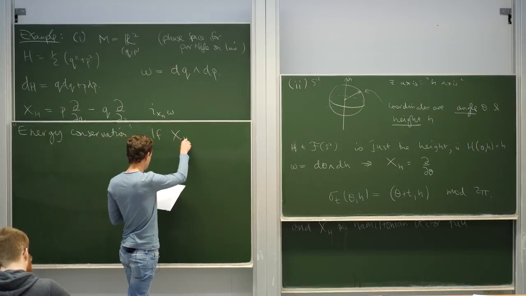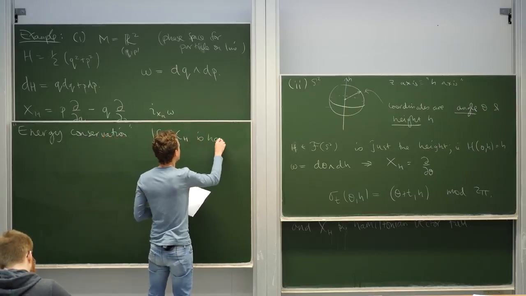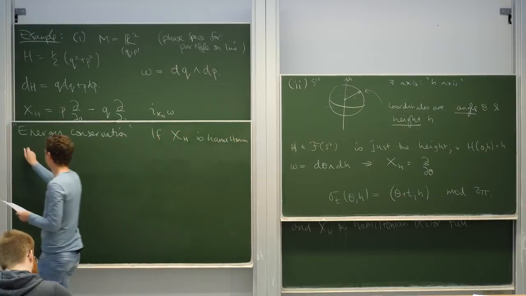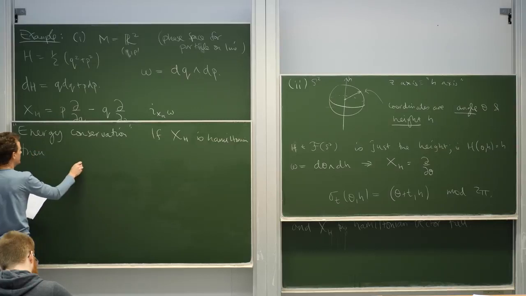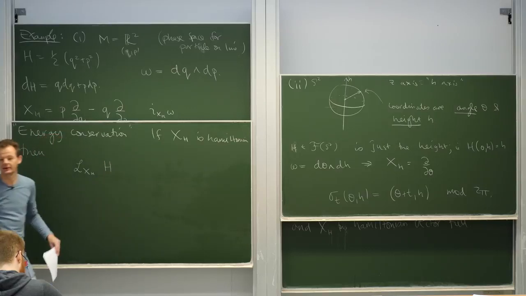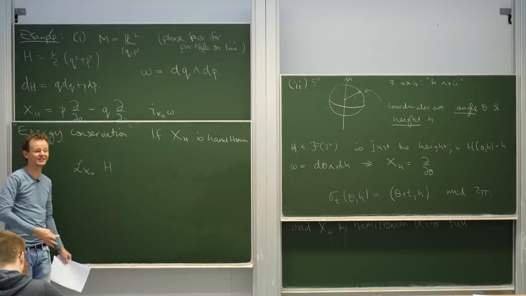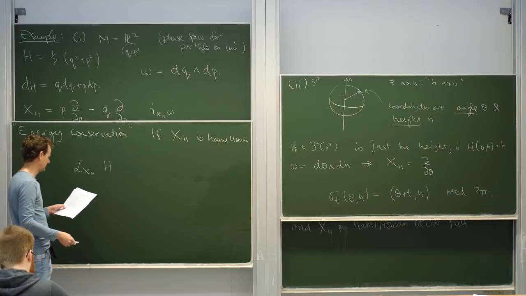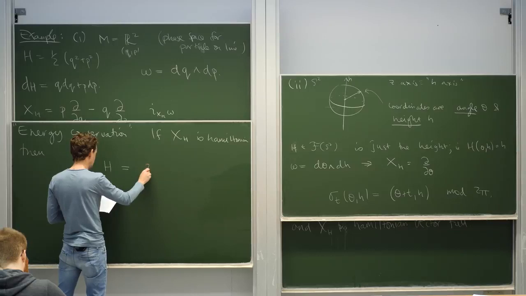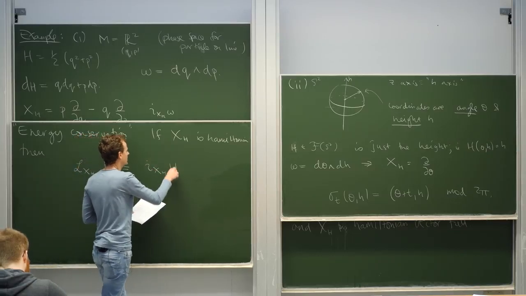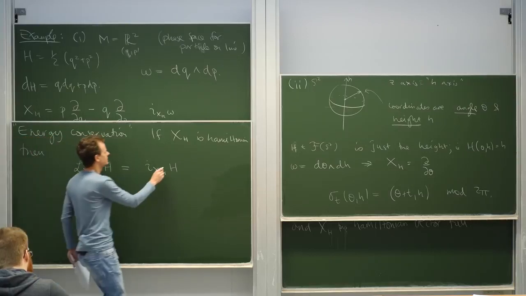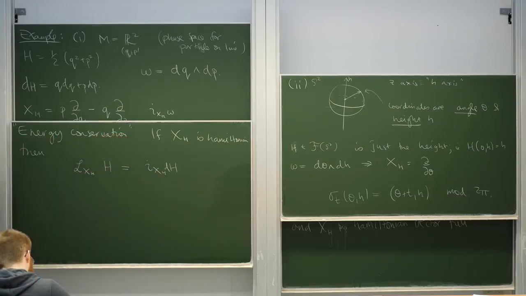So if X_H is a Hamiltonian vector field, then we can take the Lie derivative with respect to X_H of the function H. H is a function, and you can take the Lie derivative of a function. It's just equal to the vector field applied to the function. Or we can use that lovely formula to express it as the interior product of dH with respect to X_H.